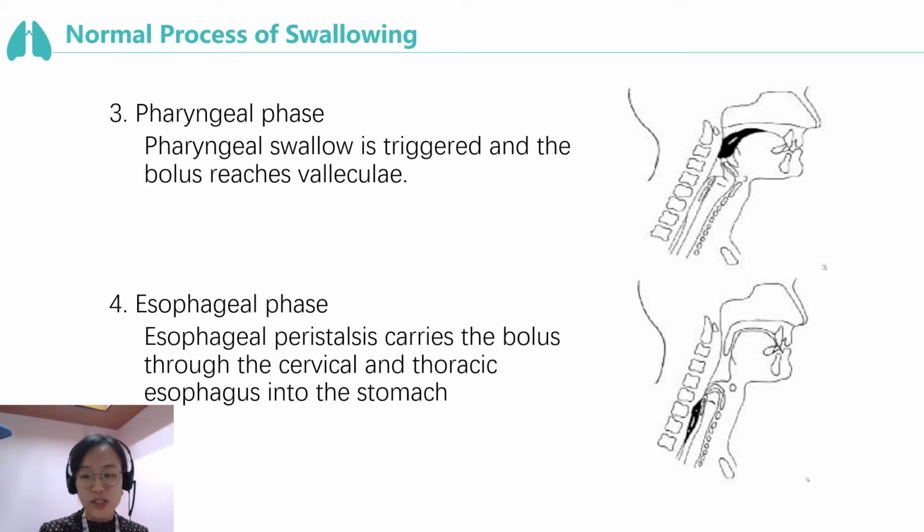When the bolus has passed through, the esophageal phase begins. The UES will close off immediately after the bolus passes through. That's the end of the esophageal phase.